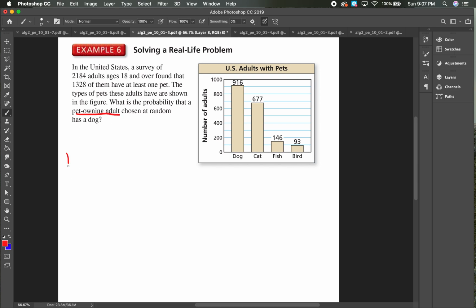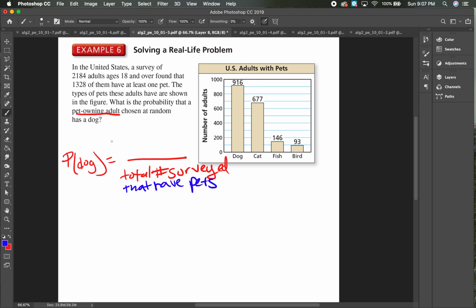Okay, so what that means is rather than taking it to the total number surveyed, it's saying it's the total number of surveyed that have animals or that have pets. Okay, so not this total, but this is the one that we're going to use. So the 1328.